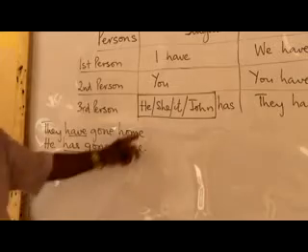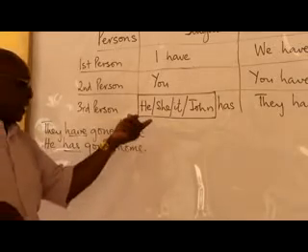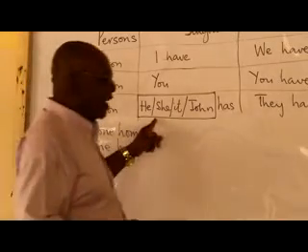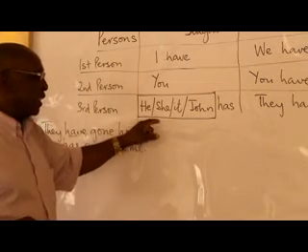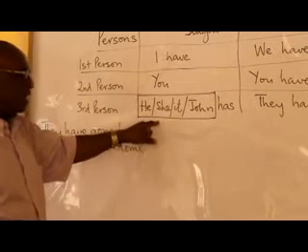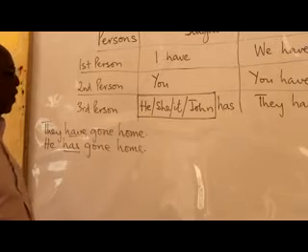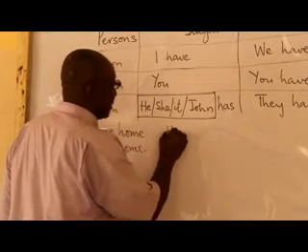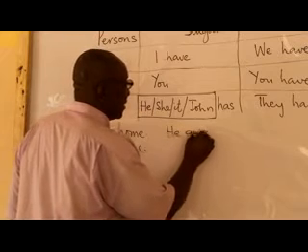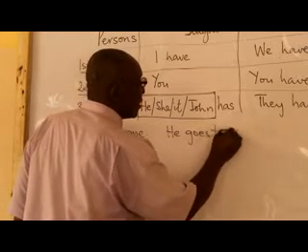So you see, all the persons, both singular and plural, except third person singular, take have. Okay? Now the third person singular, another thing peculiar to it is that any verb that is following the third person singular in the present tense goes with s or es. So you say, he goes to school.